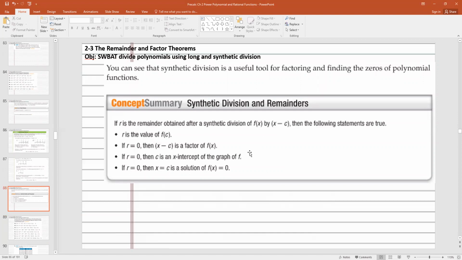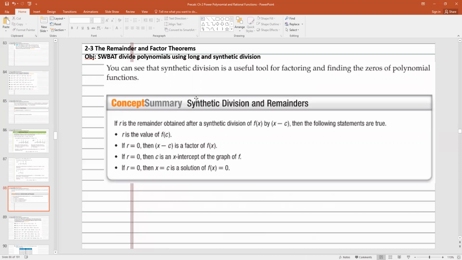Here's some synthetic division and remainders. If R is a remainder obtained after a synthetic division of f of x by x minus c, then the following statements are true. R is the value of f of c. So R is the solution of that function after substituting that c in the function.